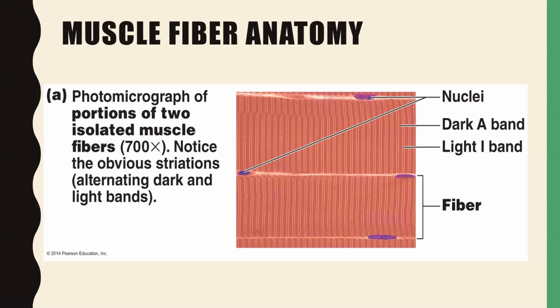If light can't pass through something on a microscope slide, then it shows up darker than the surroundings. So the stuff inside the light band is thinner material, thinner proteins than what we find in the A band. But we're going to learn all about that today.